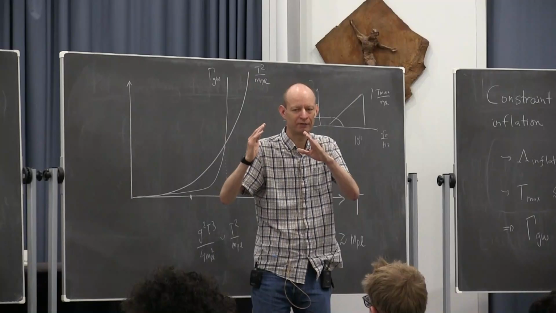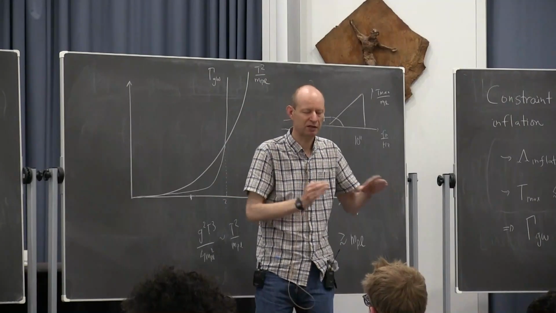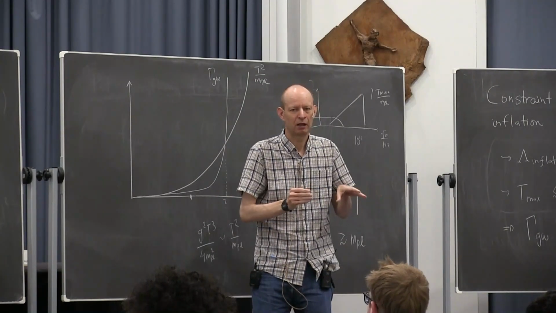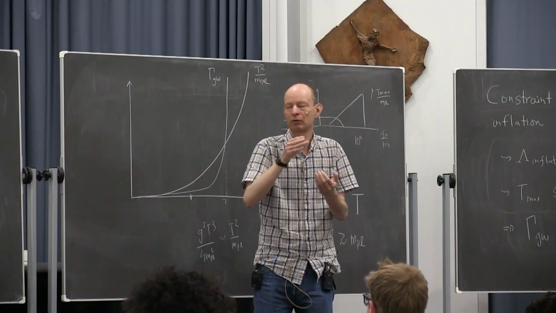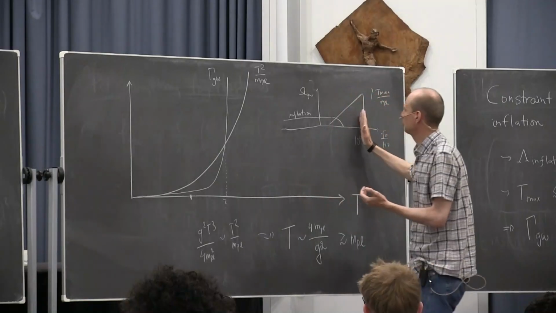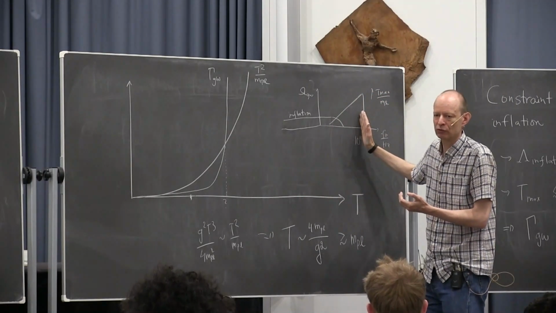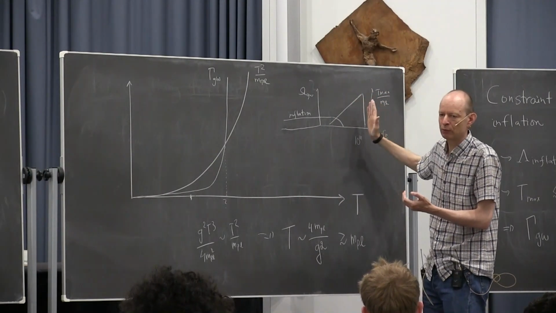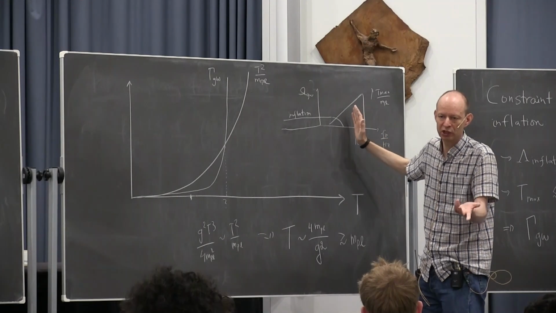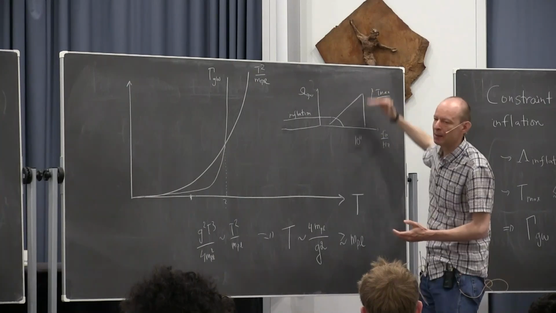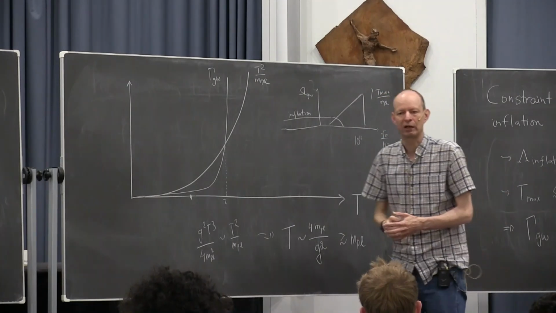The frequency redshifts just like the momenta redshift, and what we see today, just from the shape, we cannot deduce at which time it was produced. You would get the same shape if you produced it at 10 to 15 GeV or 2 GeV. It's the amplitude that tells us when it was produced.